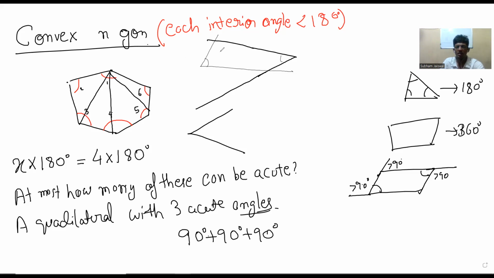But then, if I rotate this a little bit, I am decreasing this angle also. So why is it that I cannot make that less than 90?